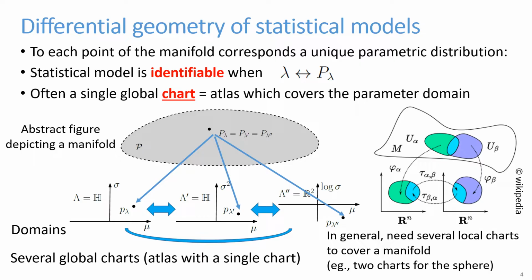We can index points on a manifold by an atlas of local coordinate charts, where the transition functions between overlapping charts are smooth ordinary functions. In general, we need several charts to cover a manifold. For example, we need at least two charts for covering the 2D sphere. But information geometry usually uses a single global chart defining the atlas.